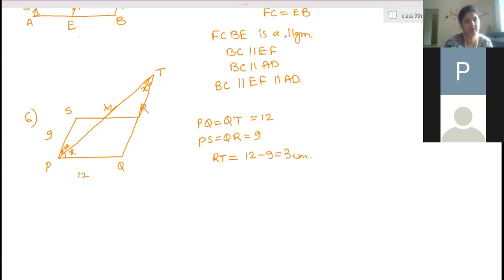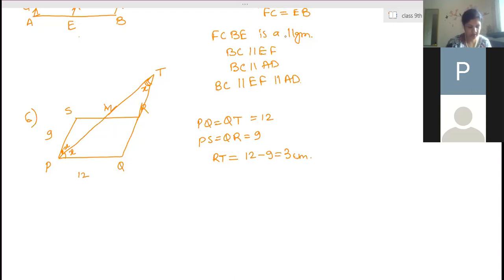But by vertically opposite angles, what will you prove? Congruency you can't prove, because we don't know which sides are equal. We don't have the sides equal. Clear?